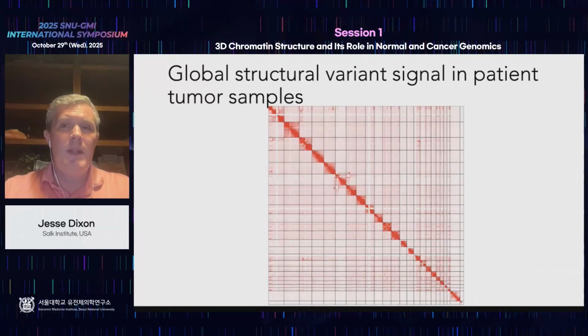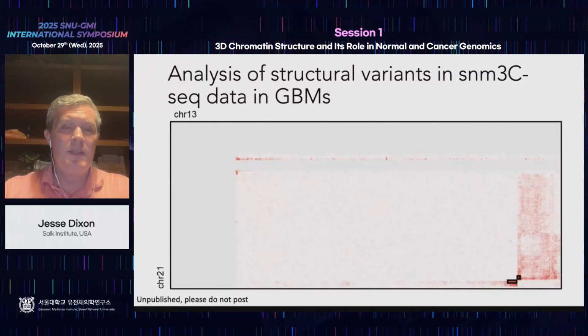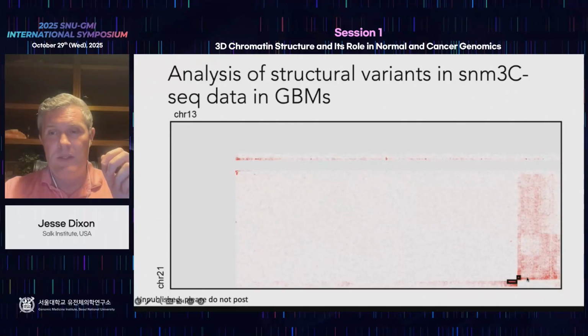In these data sets we can use this tool, which we call Hi-C breakfinder, to identify structural variants. This shows an exact case where it is running and identifying a balanced translocation. These little black boxes are the regions being called by the tool as the site of the breakpoint, or the breakpoint proximal region.